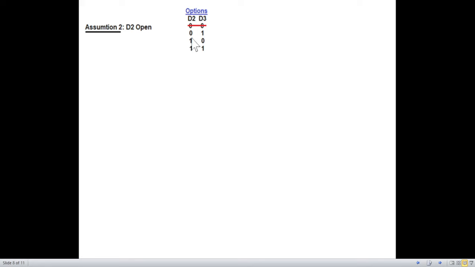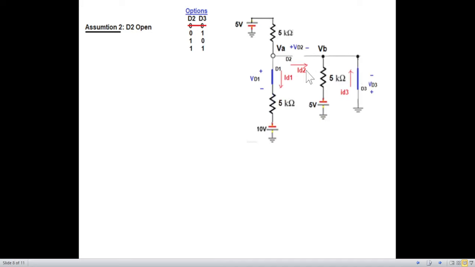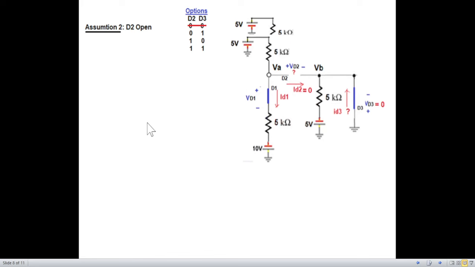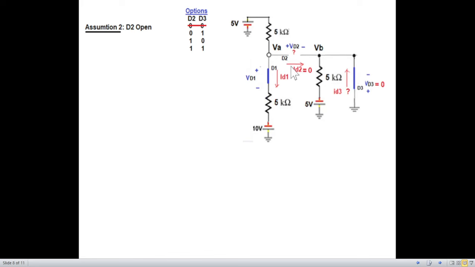Okay, the first one is done. The next assumption is 0, 1, that means D2 is open and D3 is short. Here also we'll impose the conditions that in case of an open, the current will be 0 and we have to find the voltage.